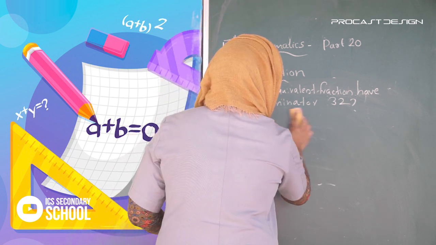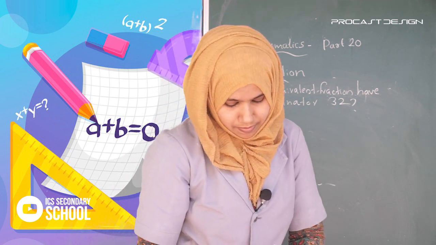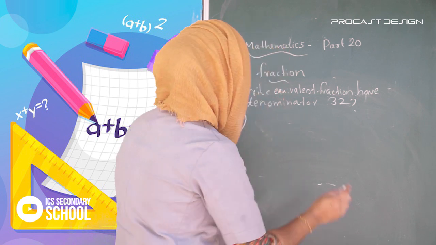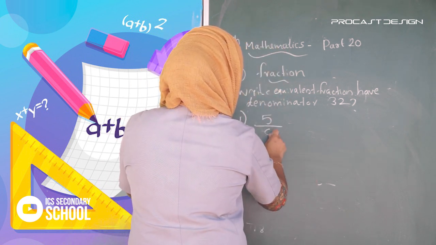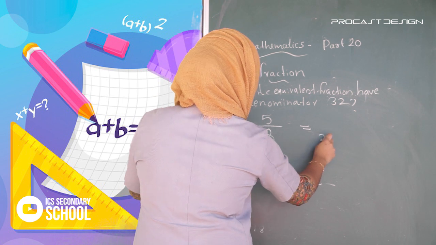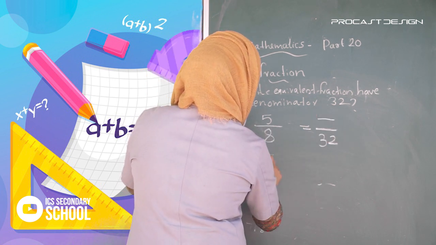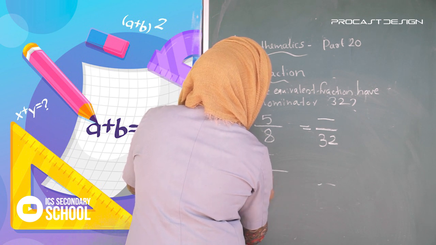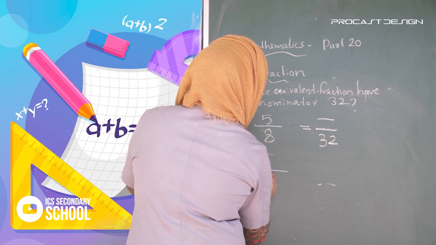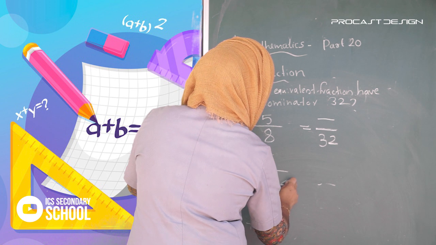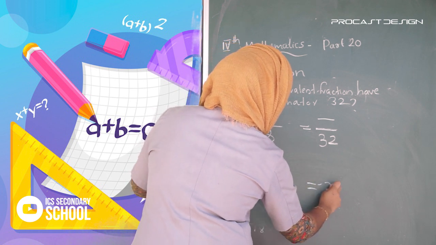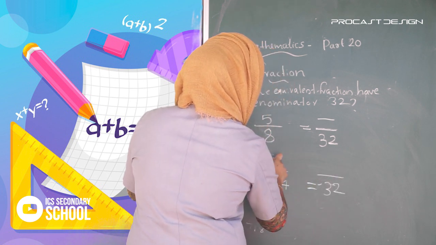Another number, 5/8. So here the denominator is already given, find out the numerator. So multiply 8 with 4. So multiply the same number with 5.